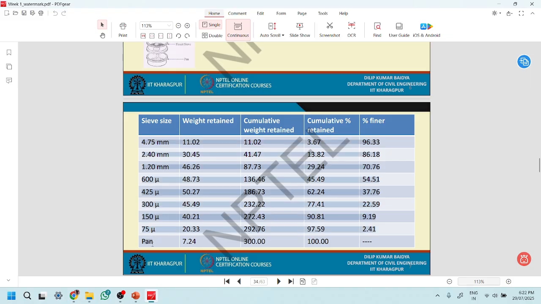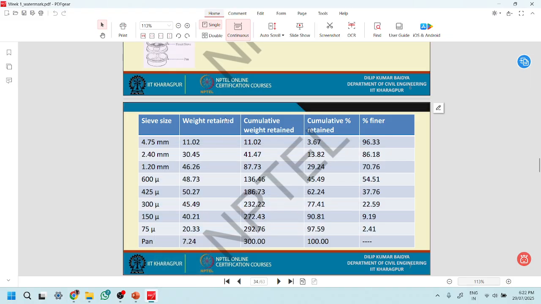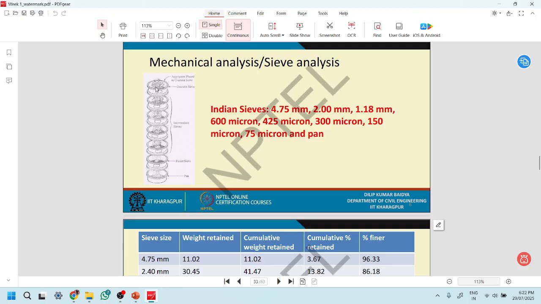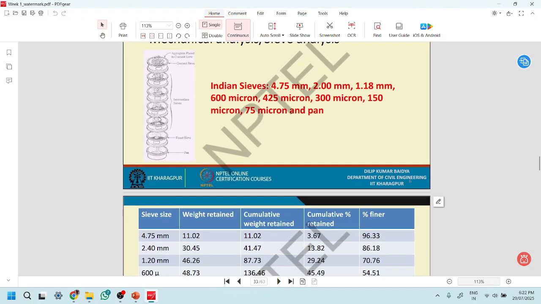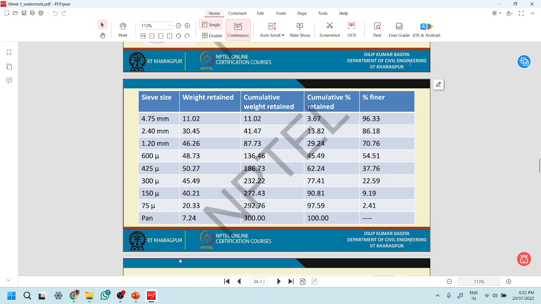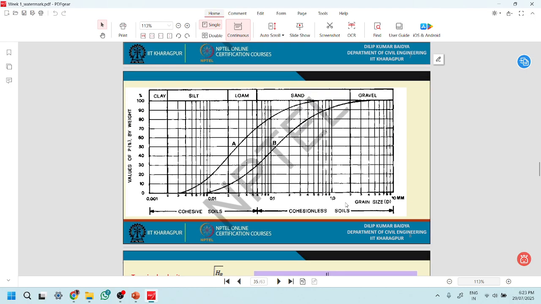We take these sieves and we put the soil here, close, like form a column of this, and then we shake, and then we calculate the weight retained on all these sieves, and then we calculate the cumulative weight, and then we subtract it from 100, and we will get the percentage finer than.